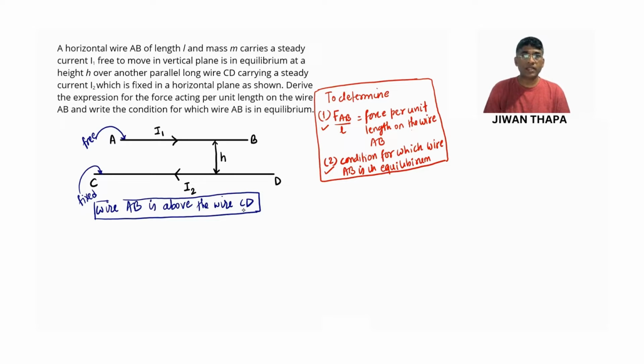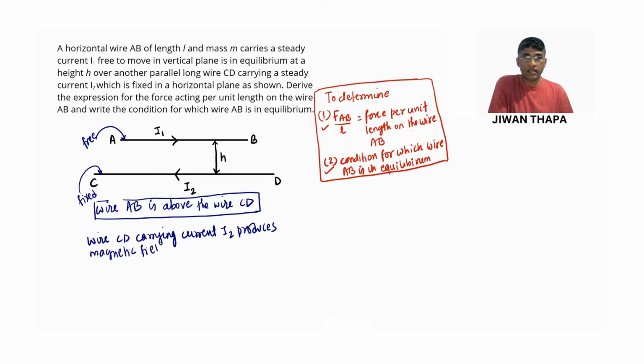Now, what we find is that wire CD, carrying current I2, produces a magnetic field.